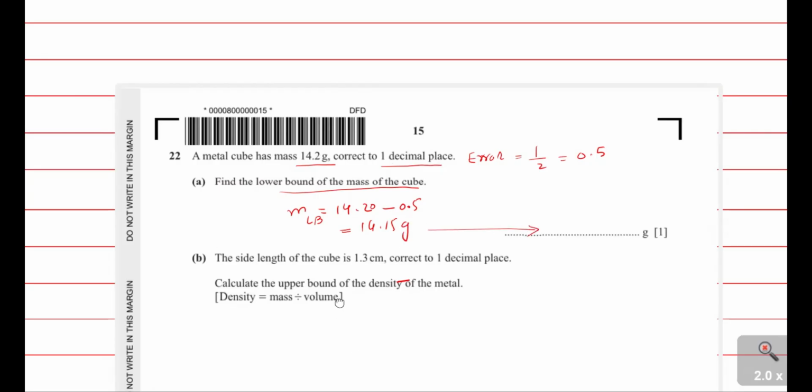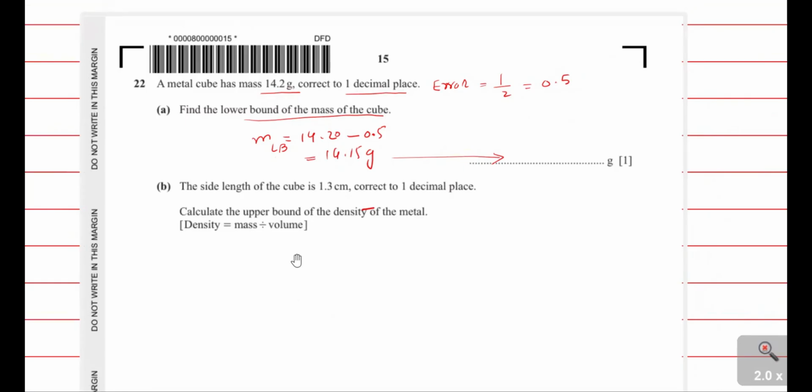Part B. The side length of cube is 1.3 centimeter, correct to one decimal place. Calculate the upper bound of the density of the metal. The formula of density is mass divided by volume.